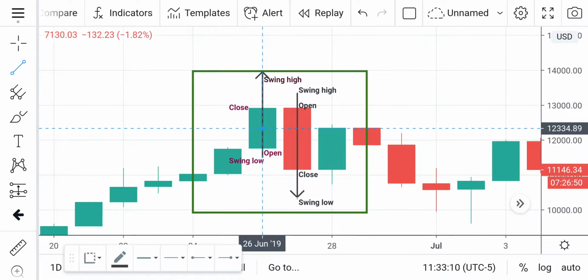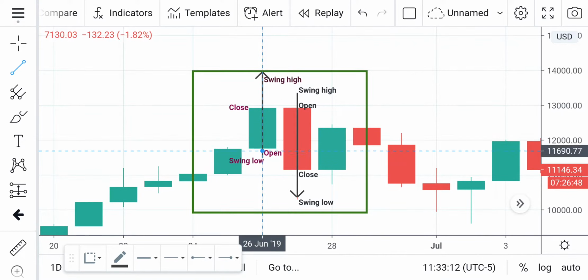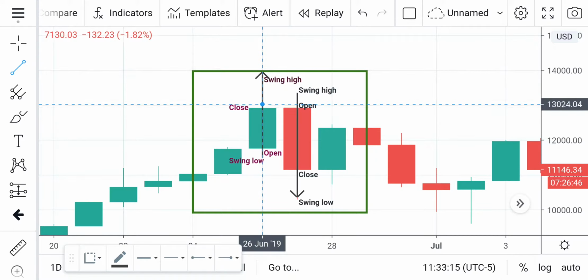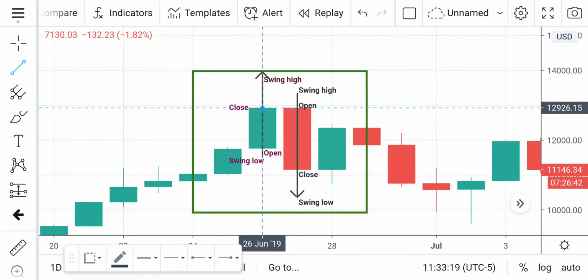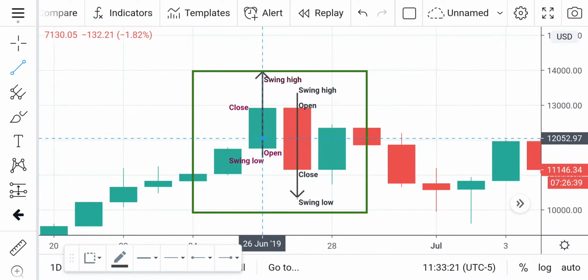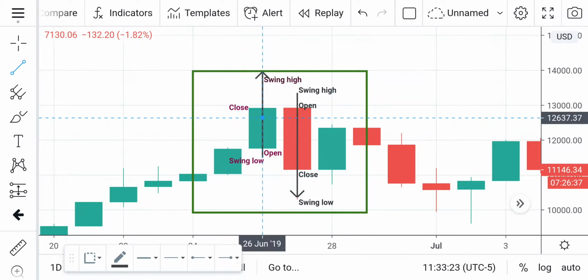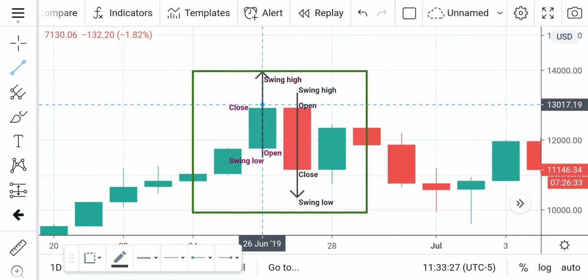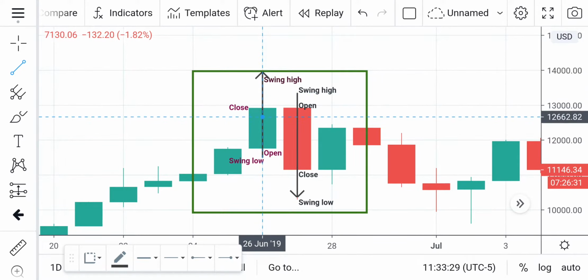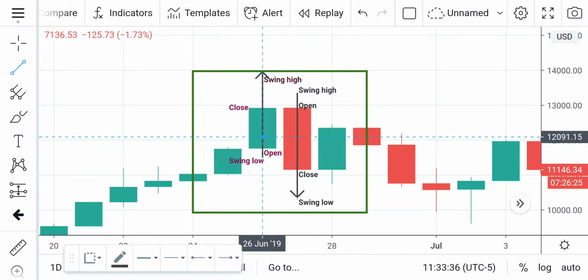So first, let me start with the candlestick, how to read the candlestick pattern. So over here, this green one that is moving up and down. There are two main components to a candlestick pattern.